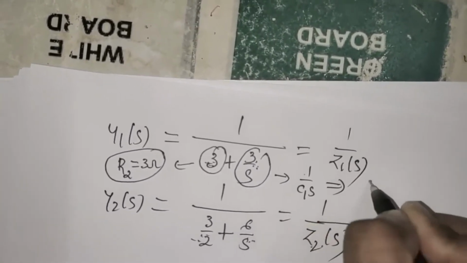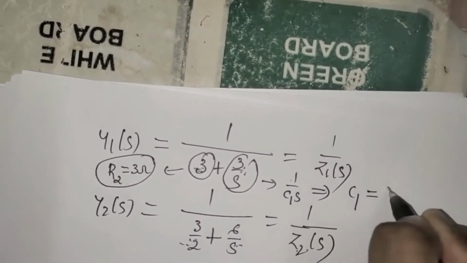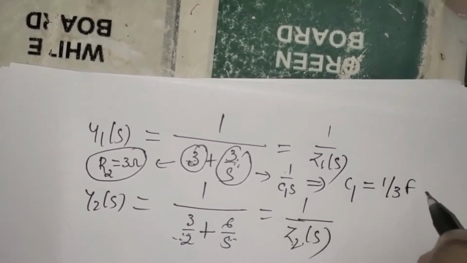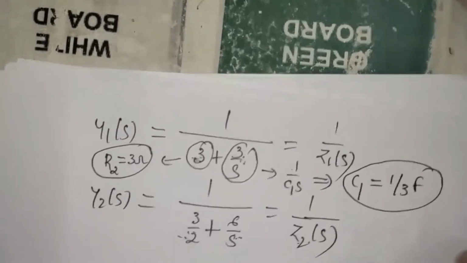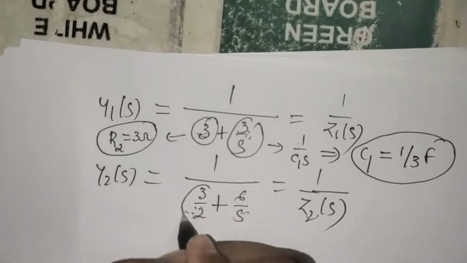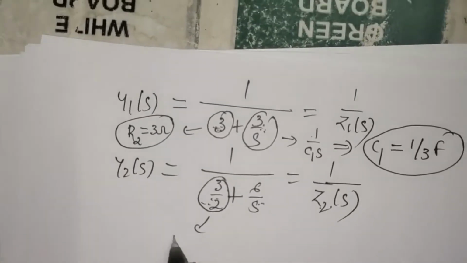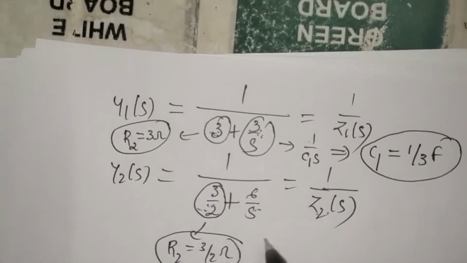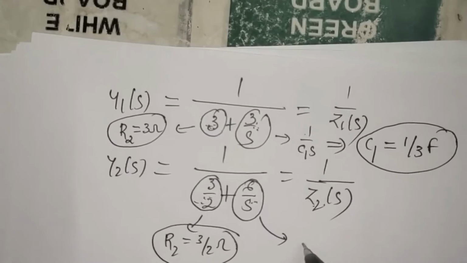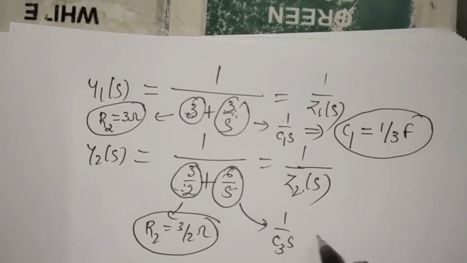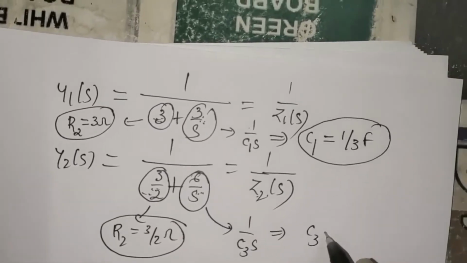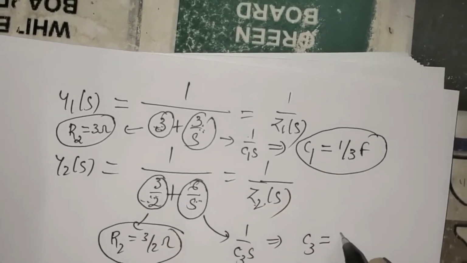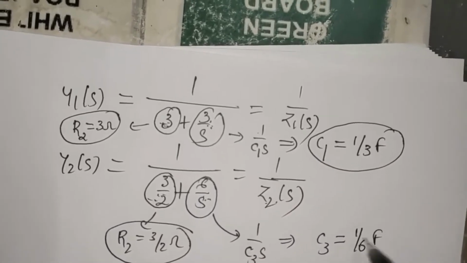So this implies C1 value is 1 by 3 farads. Similarly, here also this constant indicates R value is 3 by 2 ohms. So this is in the form of 1 by C2s, which implies C2 value is 1 by 6 farads.